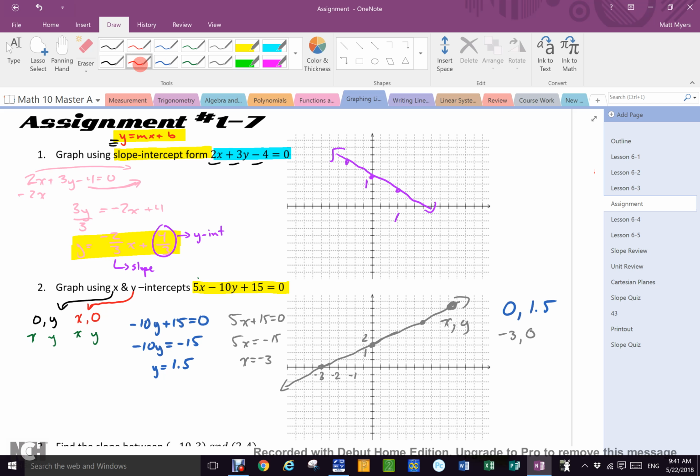What if I told you I wanted to know if that dot was going to be on that line? What would you do? This line has not been graphed. I tell you that dot. What is that dot's coordinates? I'll zoom in just in case.